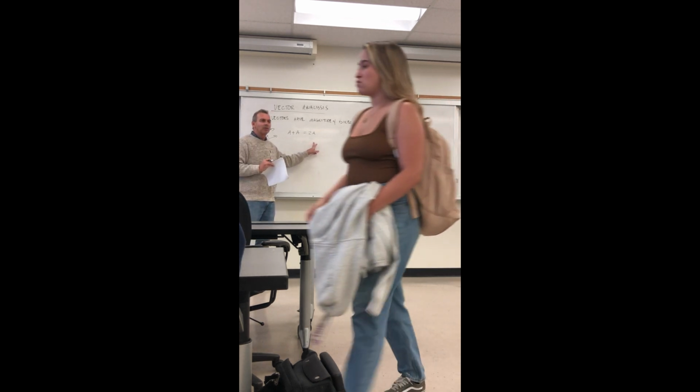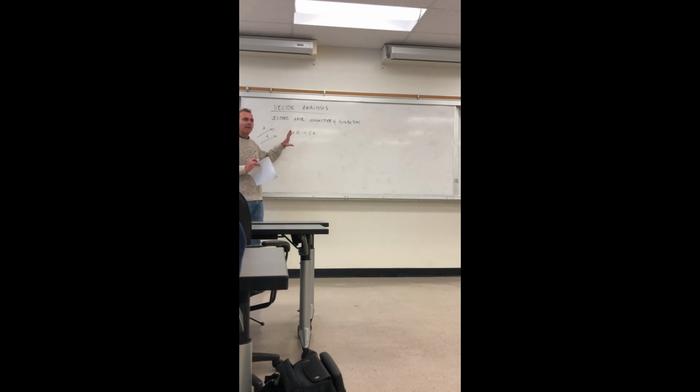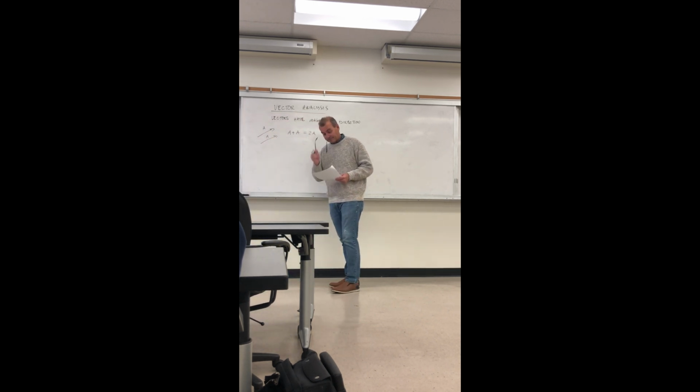I know this looks like elementary school stuff, like saying 1 plus 1 is 2, which is correct. But some things we see in vector analysis will be opposite to what we would expect. So A plus A is 2A.